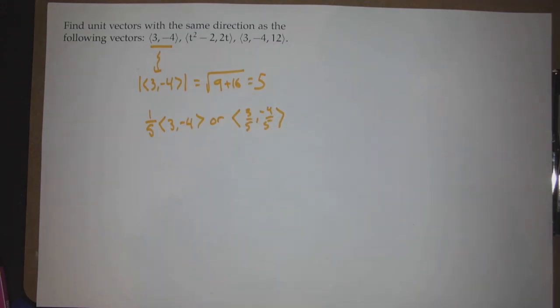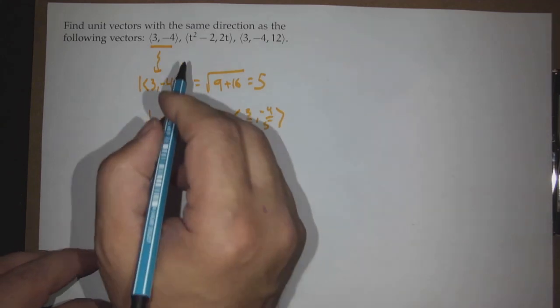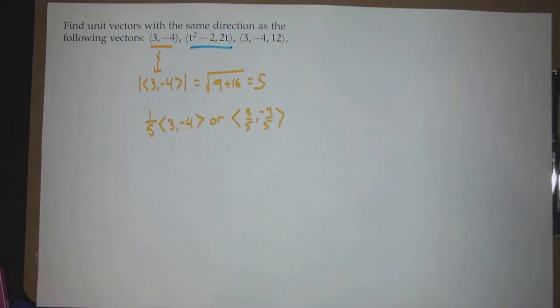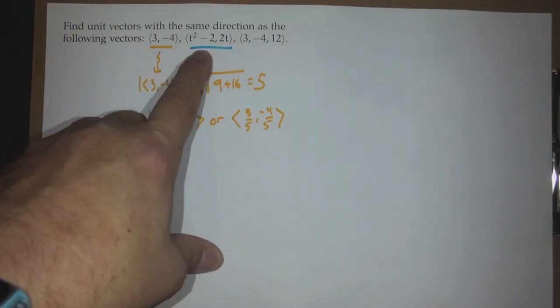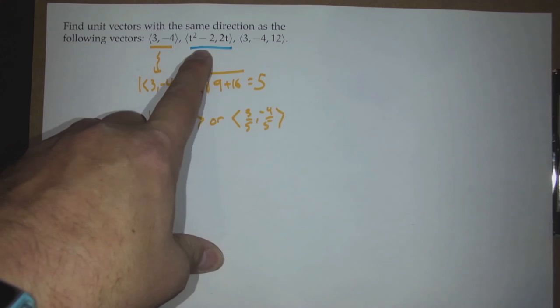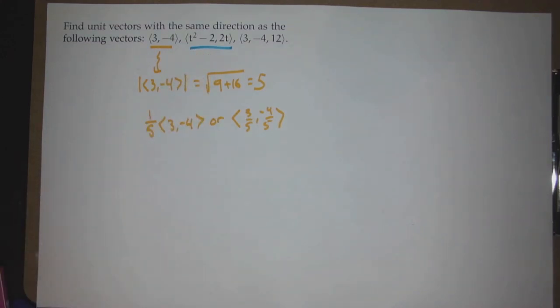All right. Well, how about this vector? t squared minus 2, 2t. A first question for you: is this allowed? I don't have numbers in here. I have symbols. Can I do that?